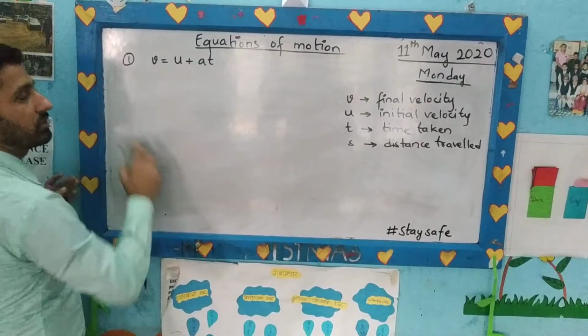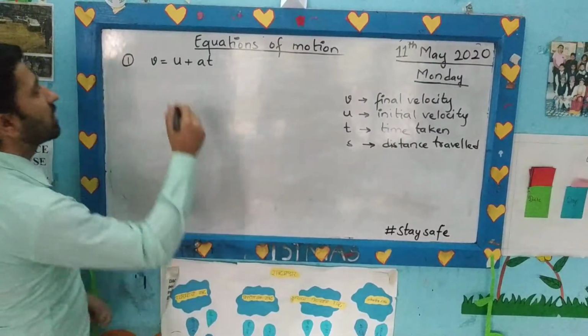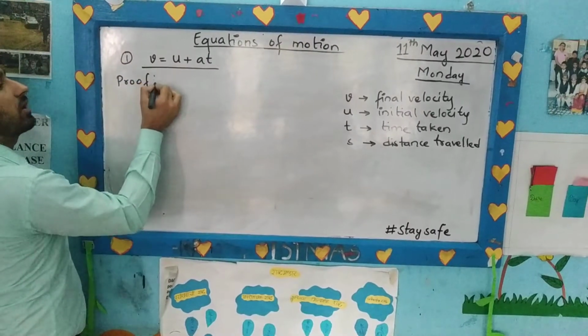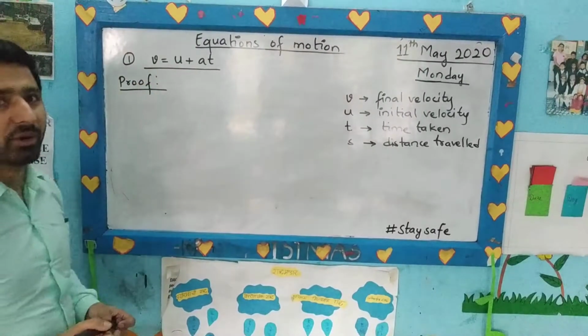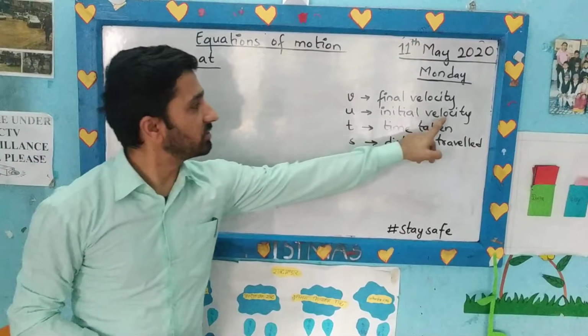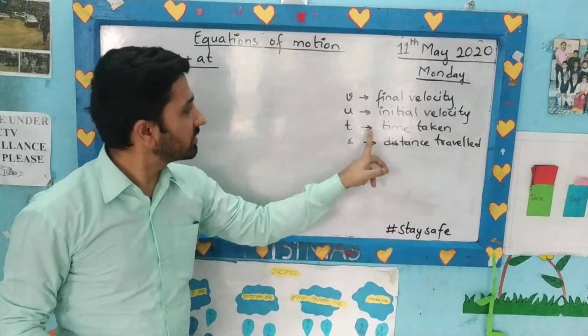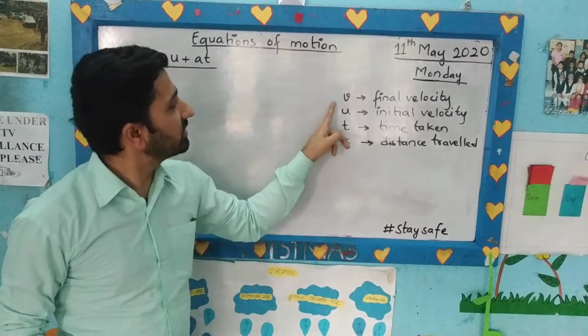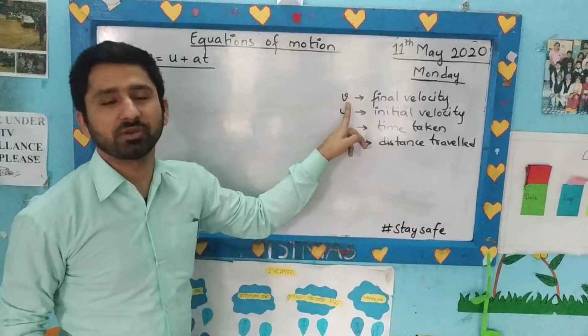Now the first equation of motion is v equals u plus at. For proof, we have a moving body. A body is moving with an initial velocity of u, and after t seconds of time taken, its velocity becomes v meter per second.